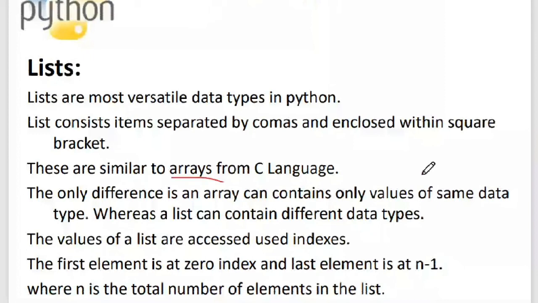Arrays are given with square brackets, and even here the items or elements inside the list are enclosed in square brackets. In C, you mention the size of the array in the square brackets, not the elements. Elements are mentioned in curly brackets in the array. So don't get confused with it. I'm just trying to give you some connection between arrays and lists.